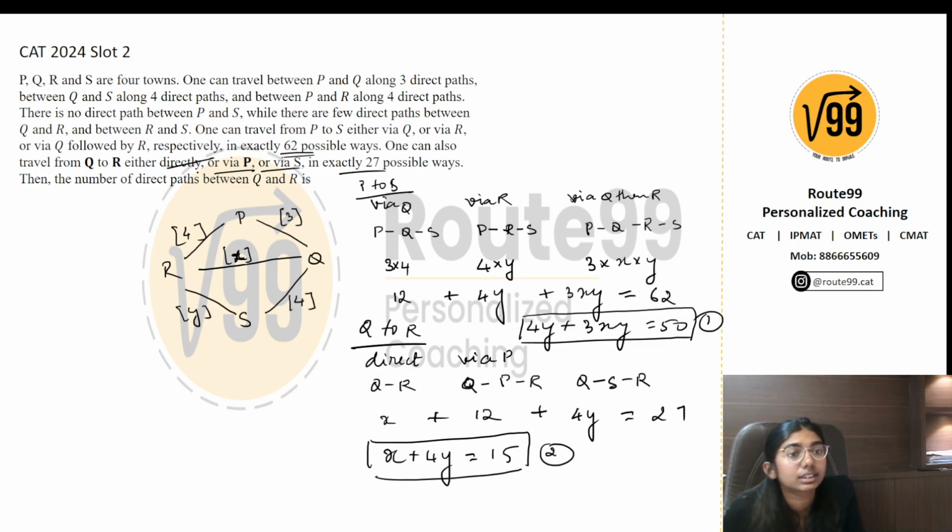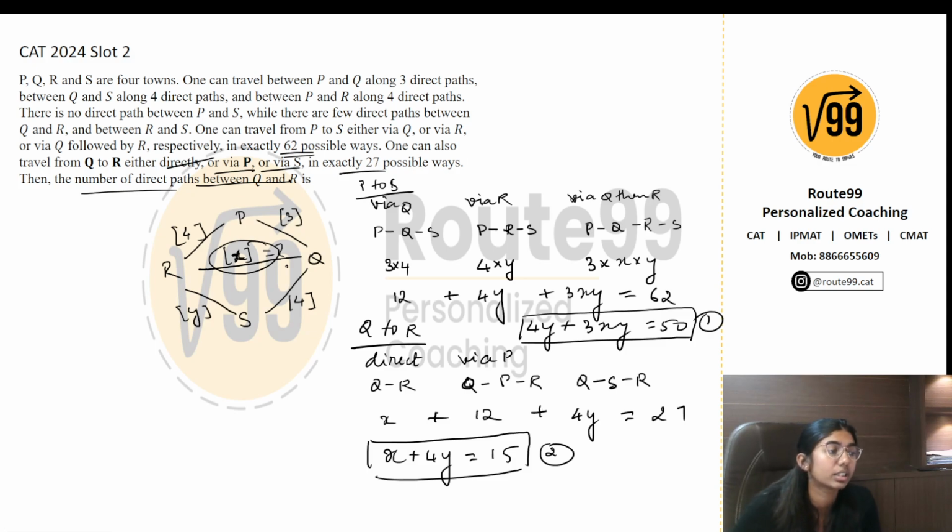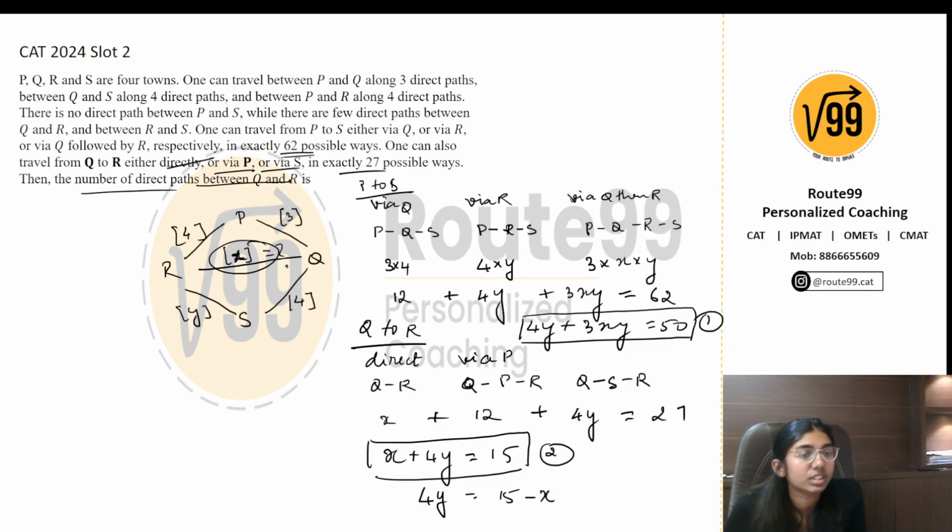Now what they are asking is the number of direct paths between Q and R. So they are asking for the value of X. Let's use equation 1 and equation 2 and try to eliminate Y. From here I can see that 4Y is equal to 15 minus X. There is Y in both of these terms, so let's take Y common.